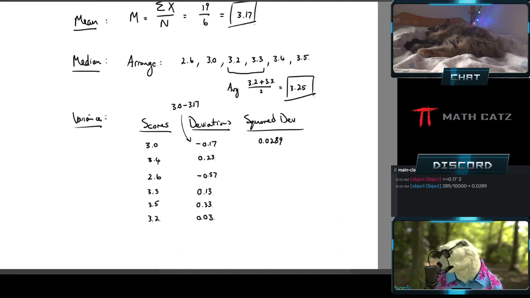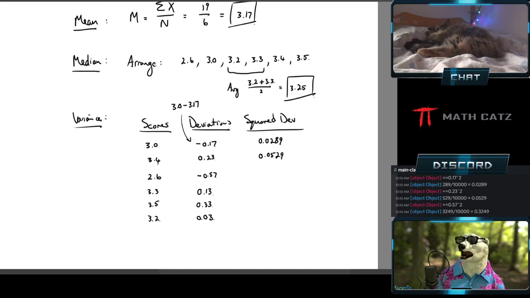Next one is 0.23 squared. It has value to do this by hand. Not the hardest thing to do once you get used to it. Definitely do at least one by hand. Solidify that understanding.